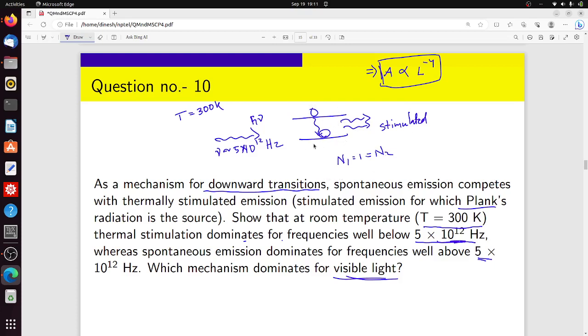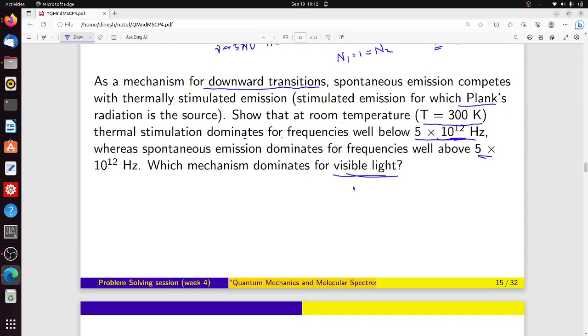So emission is considered, right? So stimulated and spontaneous emission. So Einstein coefficient A and B will come into picture, right? Then we know from the class, for spontaneous emission, the rate will be proportional to this Einstein coefficient A for spontaneous emission.